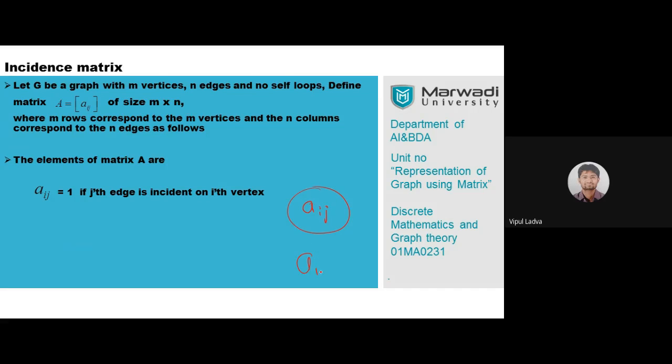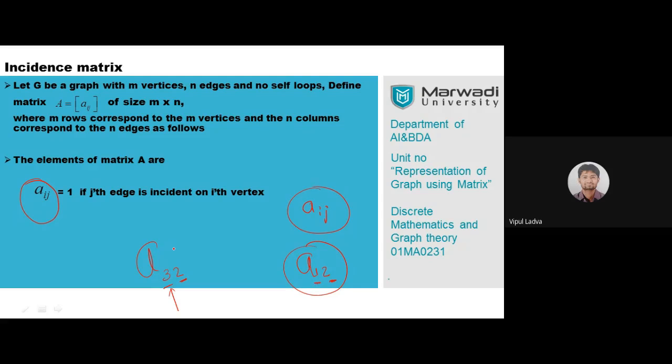If I'm writing a12, what does it mean? That is an element of first row and second column, is it? If I'm labeling one of my elements as a3,2, तो ये वाली एंट्री a32 नहीं है, ठीक है? We are habituated to read this as a32. What does it mean? Entry of third row and second column, the entry which intersects third row and second column. Similarly, when we are using this notation aij, that means we are dealing with ith row and jth column.